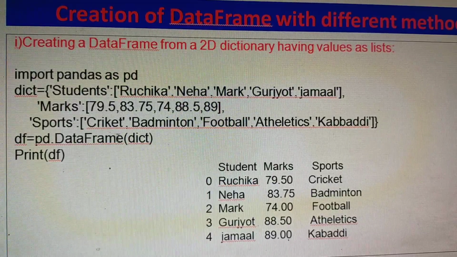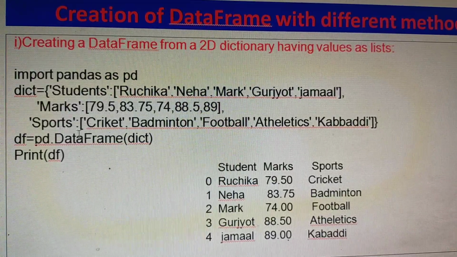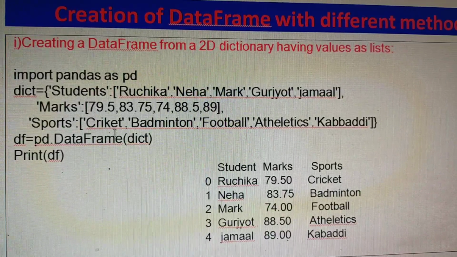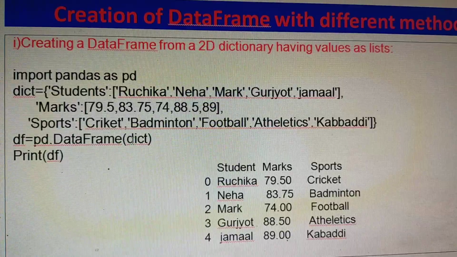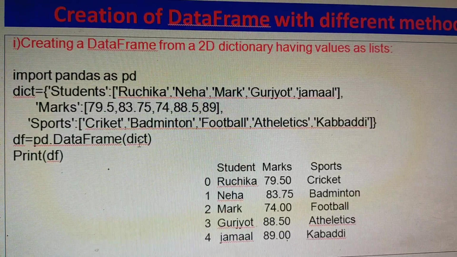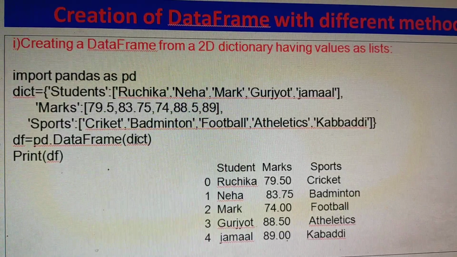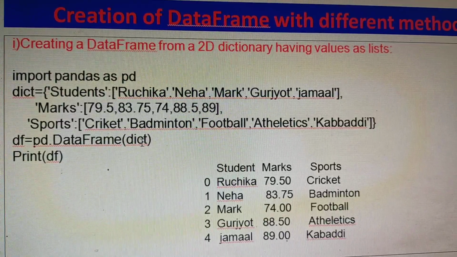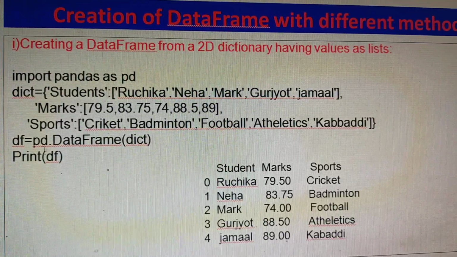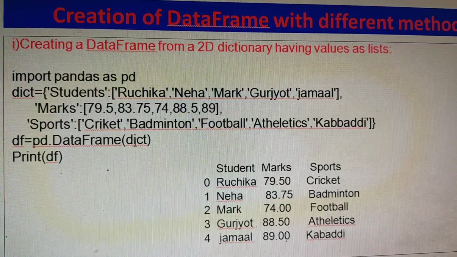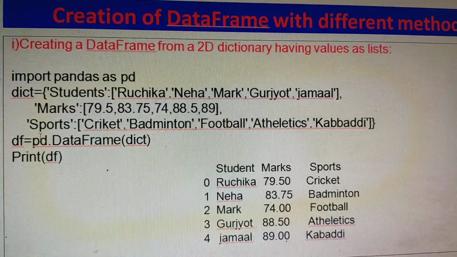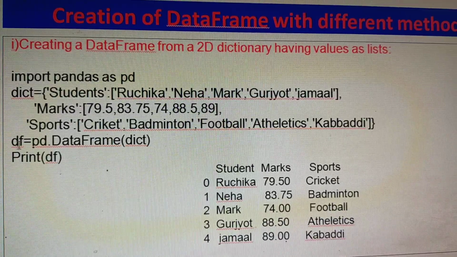So after creating the dictionary, whose name is dict, we will convert this dictionary into data frame. Here the DataFrame function is used to convert the dictionary into data frame. So use pd.DataFrame and then the dictionary name written inside the bracket, and that is being stored in df, that is data frame.